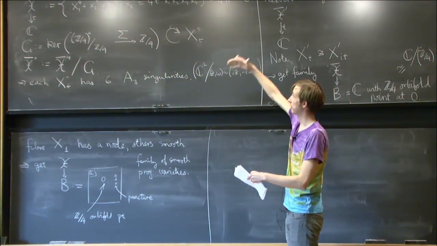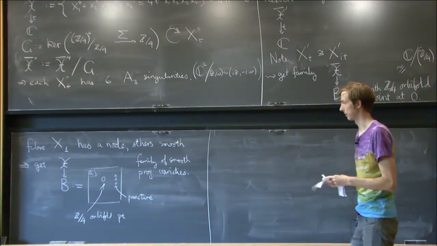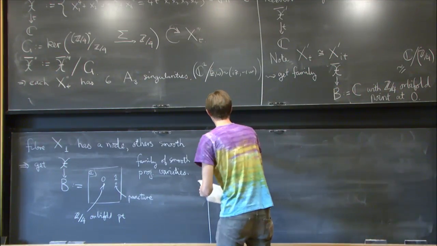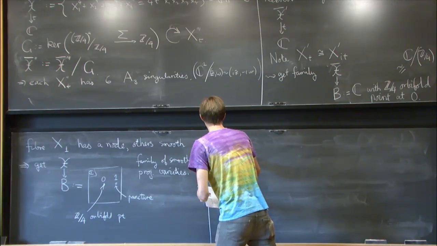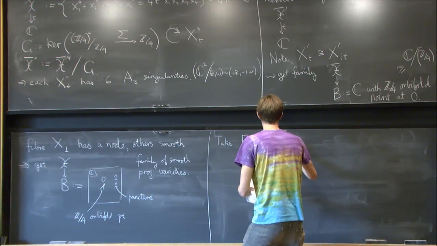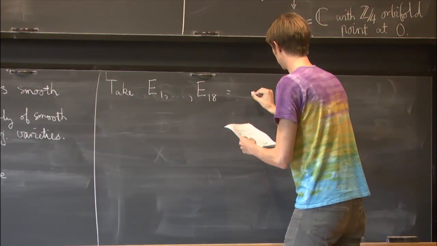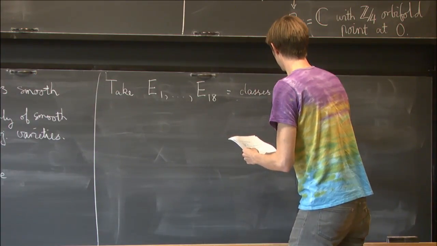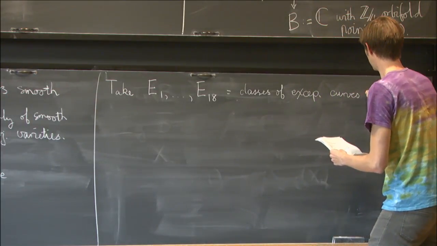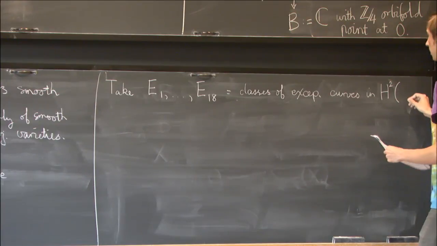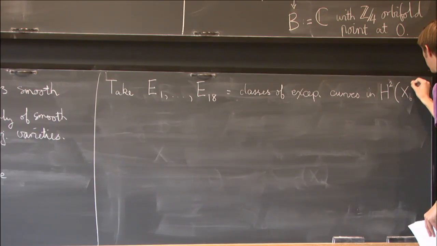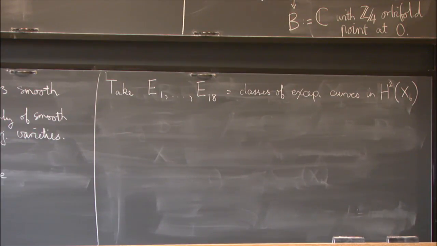Yeah, you could compactify this to a fiber at infinity. That would definitely not be smooth. Well, it has an orbifold point. Okay. And do you remove the puncture 1? Yes.